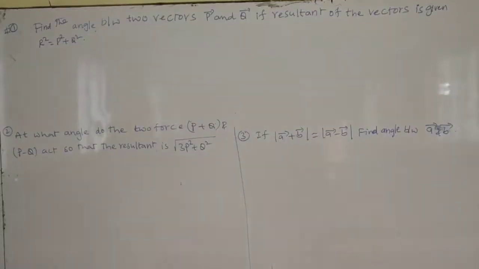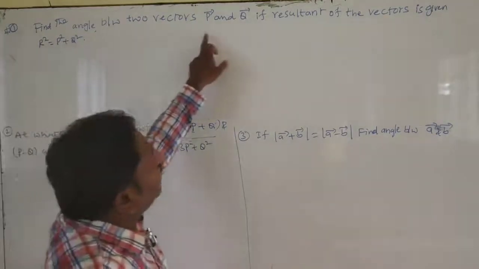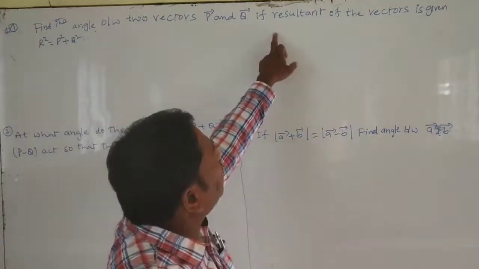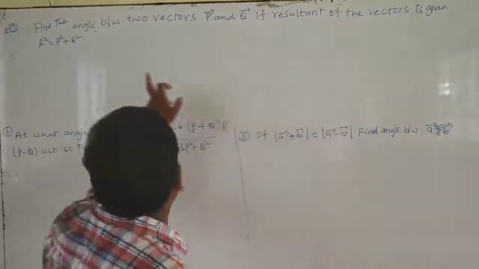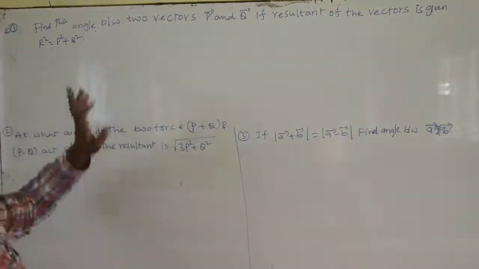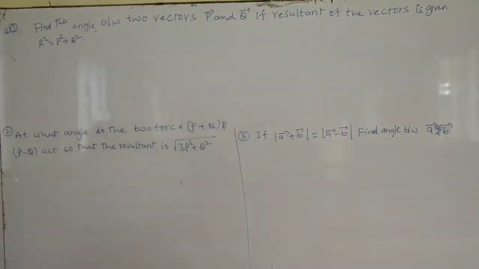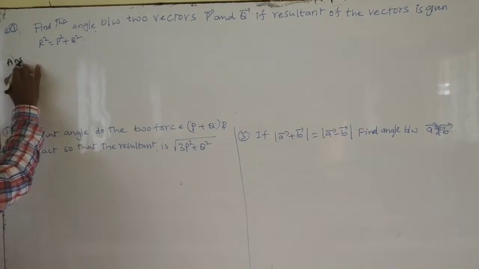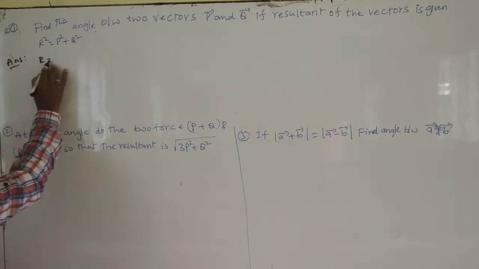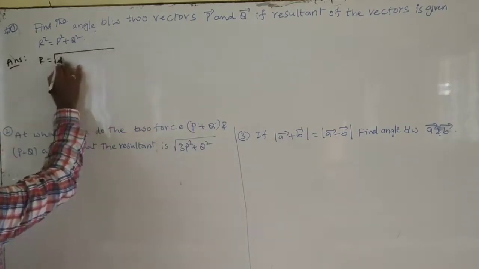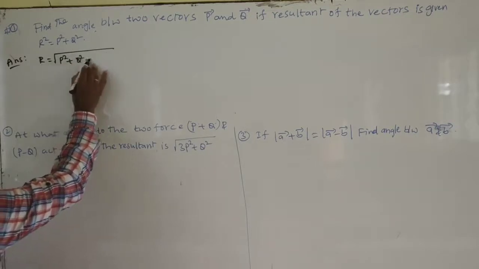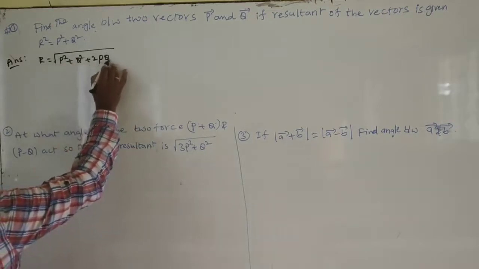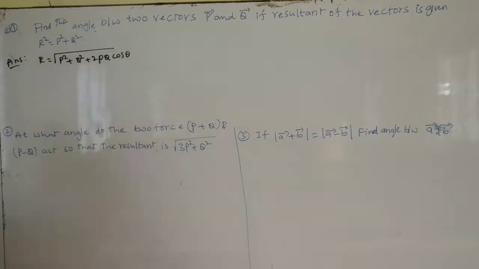Find the angle between vectors p bar and q bar. The resultant vector is given by r square equals to p square plus q square. So now the resultant vector formula: r equals to root over p square plus q square plus 2pq cos theta.